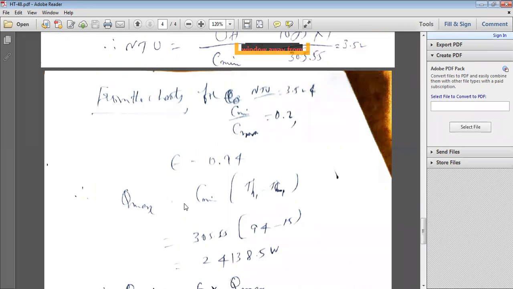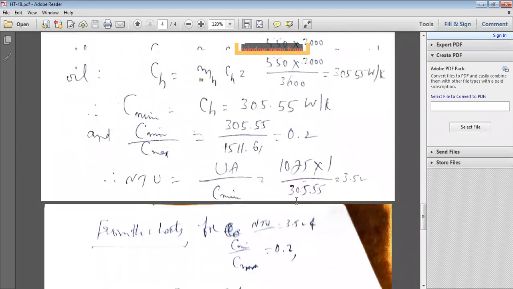Q max is equal to C minimum, that is the heat capacity of the minimum fluid, into TH1 minus TC1, temperature of the hot fluid at the inlet minus temperature of the cold fluid at the inlet.